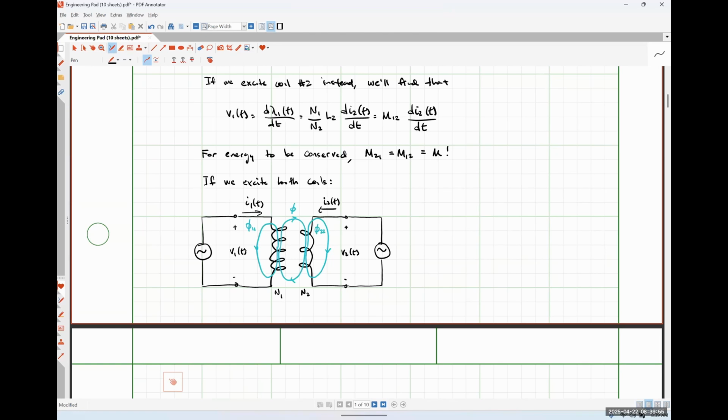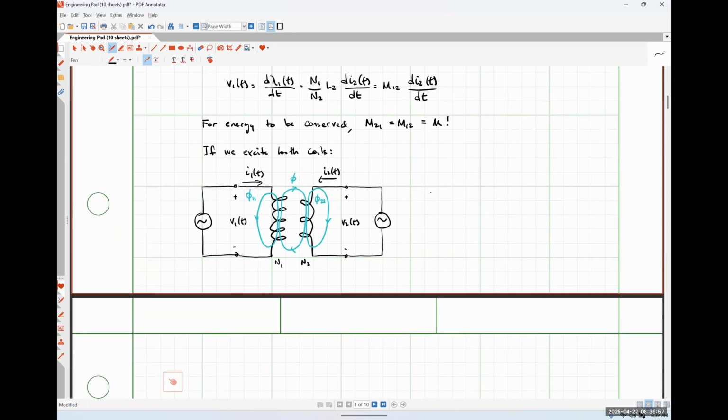Okay. So I'm going to write my flux linkages here. My flux linkage for coil 1 is going to be the self-inductance of coil 1 multiplied by I1 plus the mutual inductance multiplied by current 2.